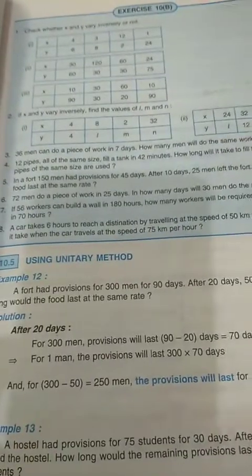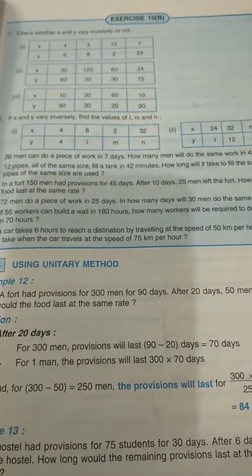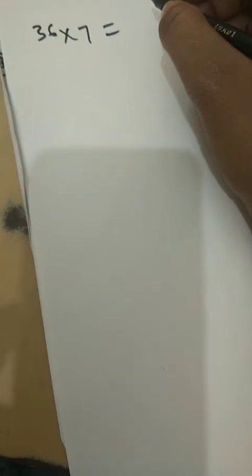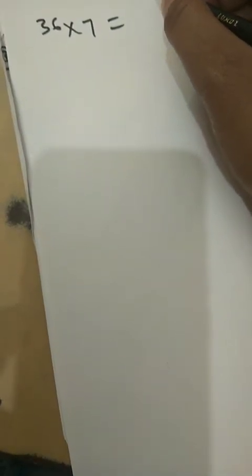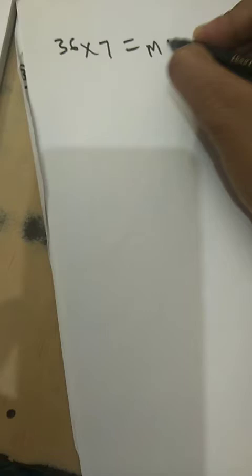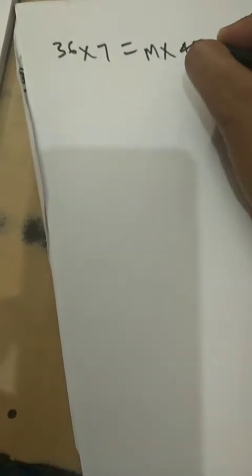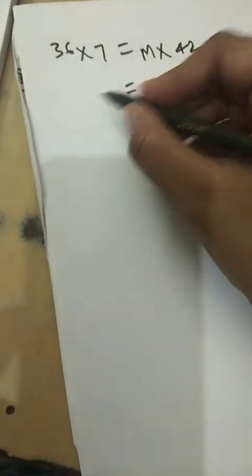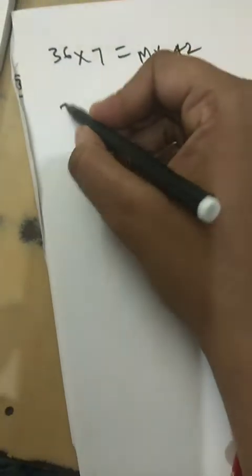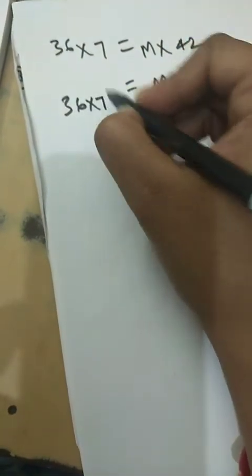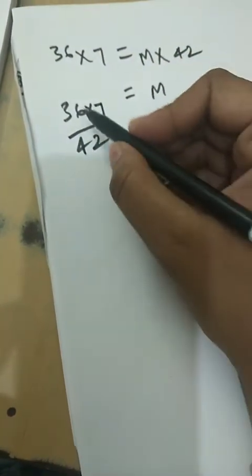It is saying 36 men can do a piece of work in 7 days. So 36 men can do a work in 7 days. How many men will do the same work in 42 days? We'll just keep it as M. So from here you can find the value of M: 36 into 7 upon 42.